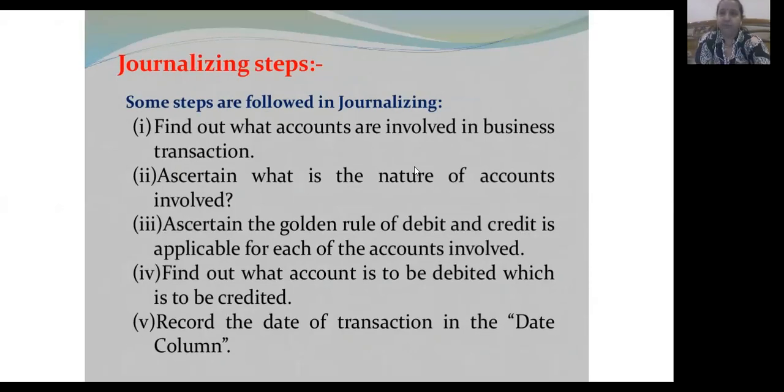You have the list of that. Now in this list, you have to see that nature of account is what. Nature of account means whether it is personal, whether it is real, whether it is nominal. This is what we call it as nature of account. Which nature is being involved in it. ठीक है. First one is you have to keep in mind कि अकाउंट कौन सा है, पर्सनल है, रियल है, नॉमिनल है.